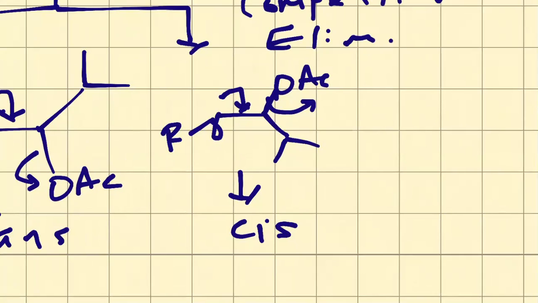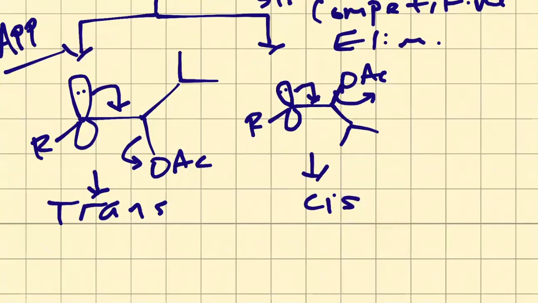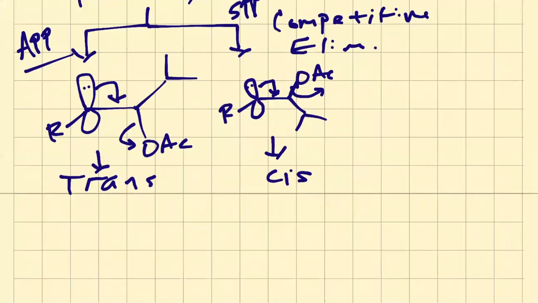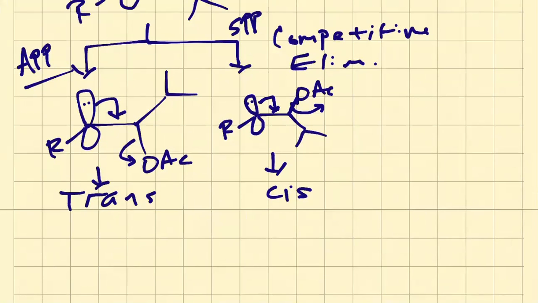How would you explain that, considering you got to go through a bond rotation to even get in the right geometry for the trans to be formed? What do you think? Right, think about it in terms of a competition. A competition.